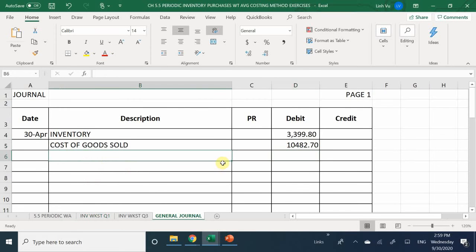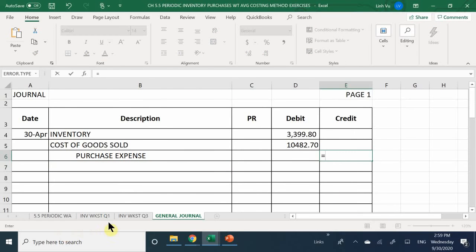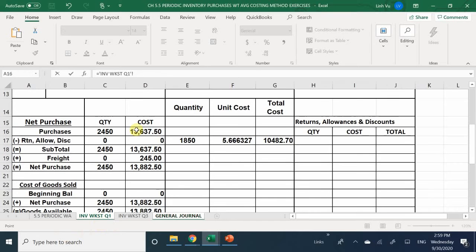And then we will do the purchase expense. So in this case, what was my total purchases? 13,882.50. Good.